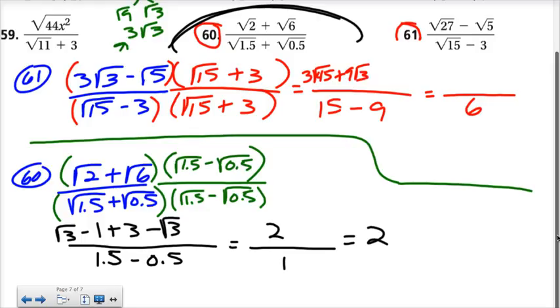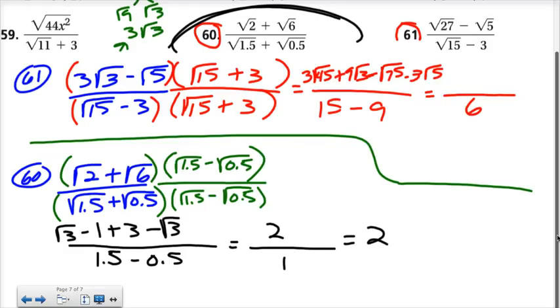We have the negative square root of 5 times the square root of 15, that is the negative square root of 75. And then last times last, a negative square root of 5 times 3. So that will be minus 3 square roots of 5. And this one's going to have some simplifying that we need to do.